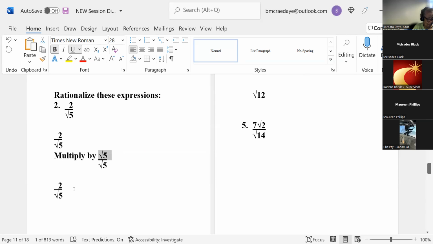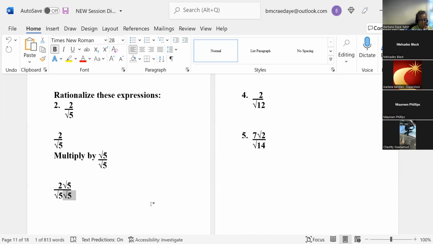That's multiplication. And multiply the denominator by the square root of 5. Okay. All right. That's your first step, Maureen. You follow the first step? Maureen?